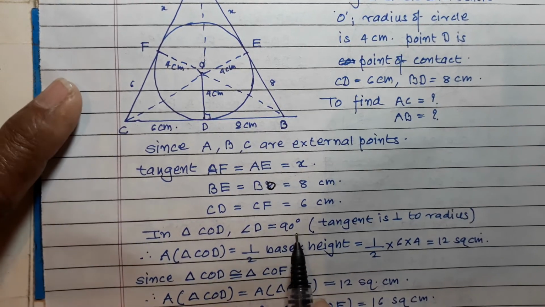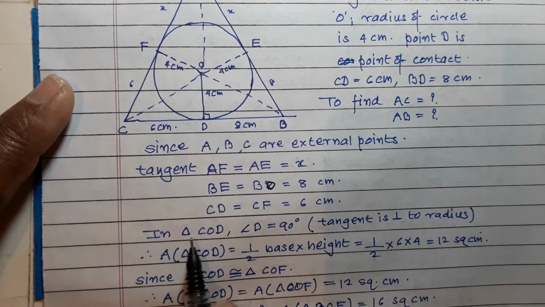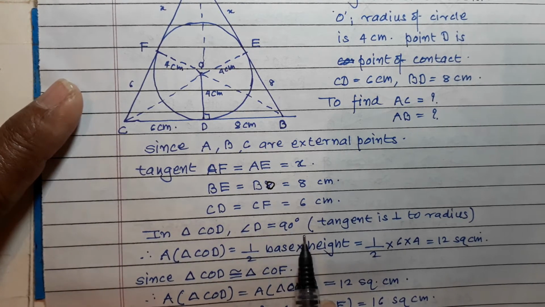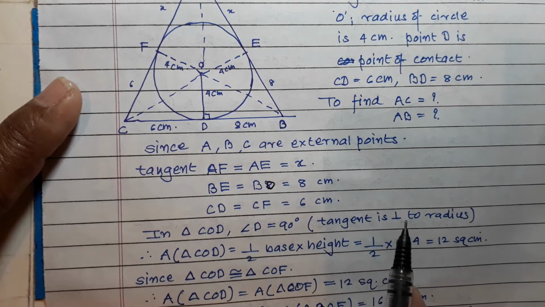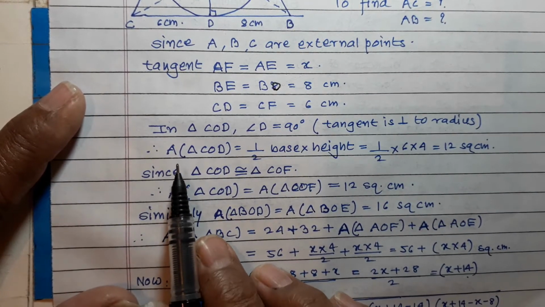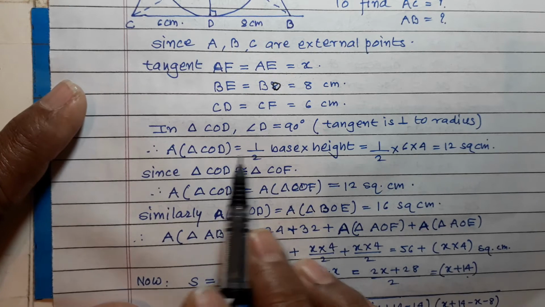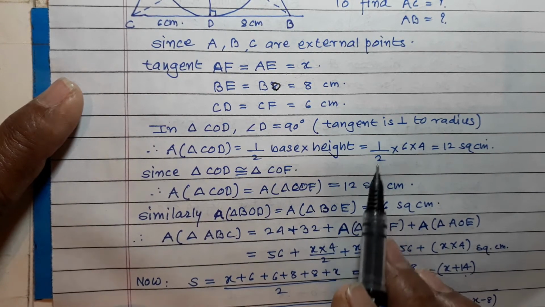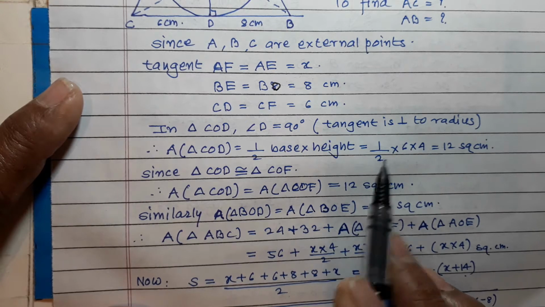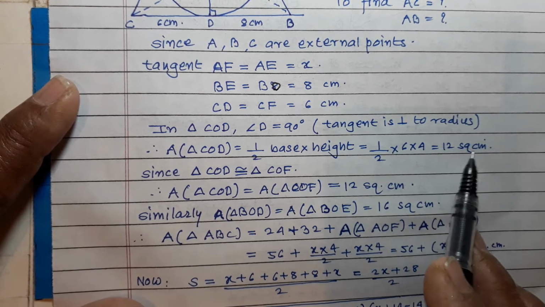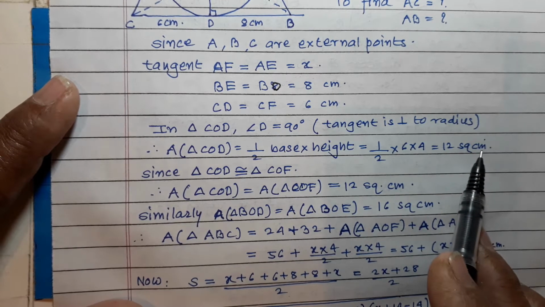So in triangle COD, angle D is equal to 90, tangent is perpendicular to radius, and therefore area of triangle COD is equal to 1 upon 2 base into height, is equal to 1 upon 2 into 6 into 4, that is 12 cm square.